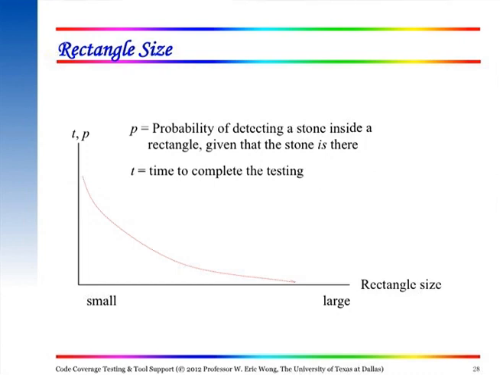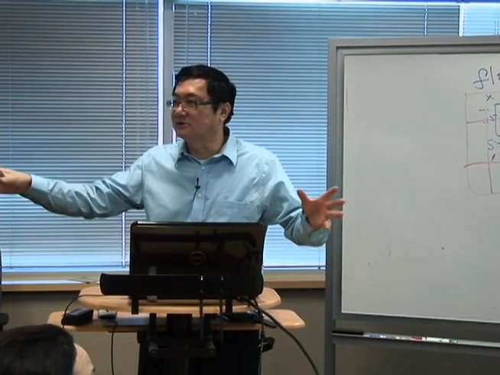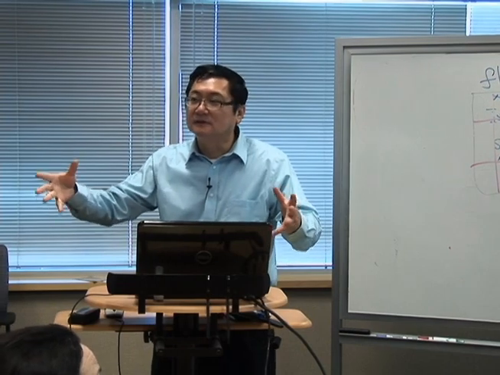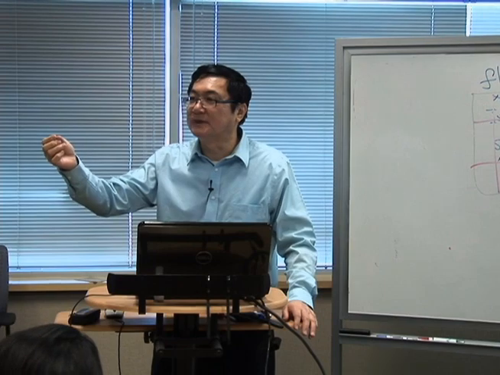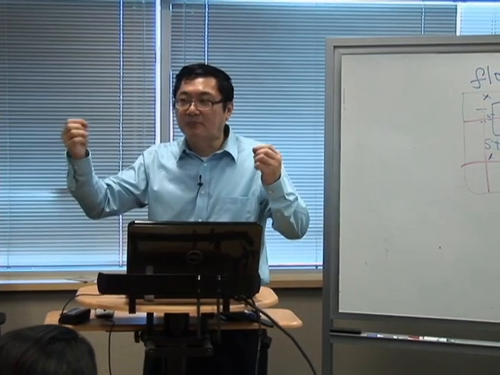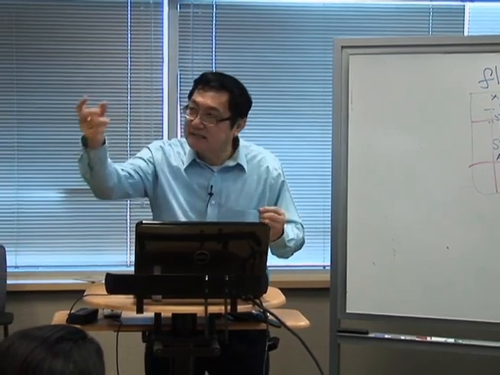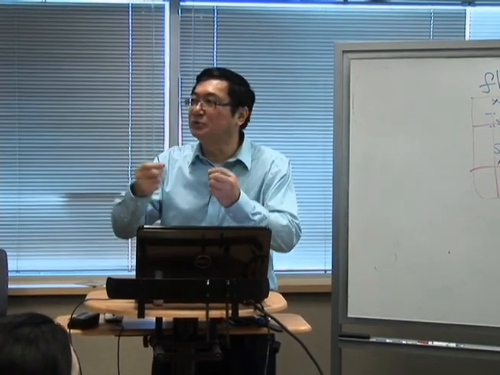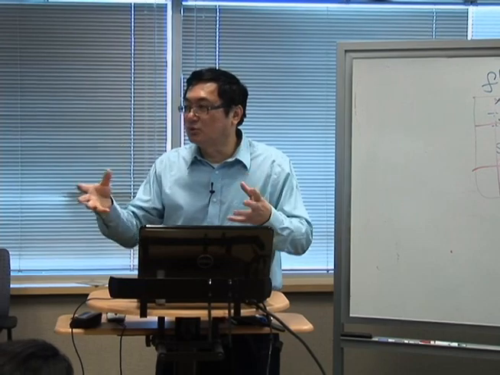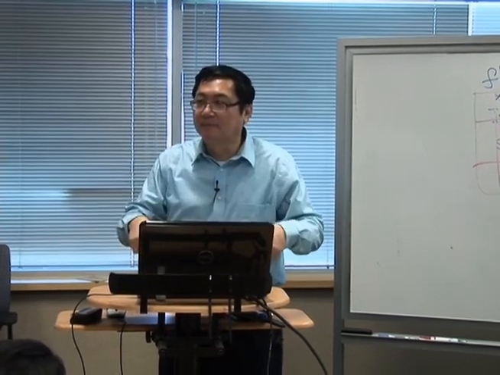So you may check a point which shows no stone, but the rectangle still contains a stone. So it's no longer guaranteed 100%. The larger the size, the probability for you to randomly select one point and inspect it, and the results will give you the actual picture, goes down.